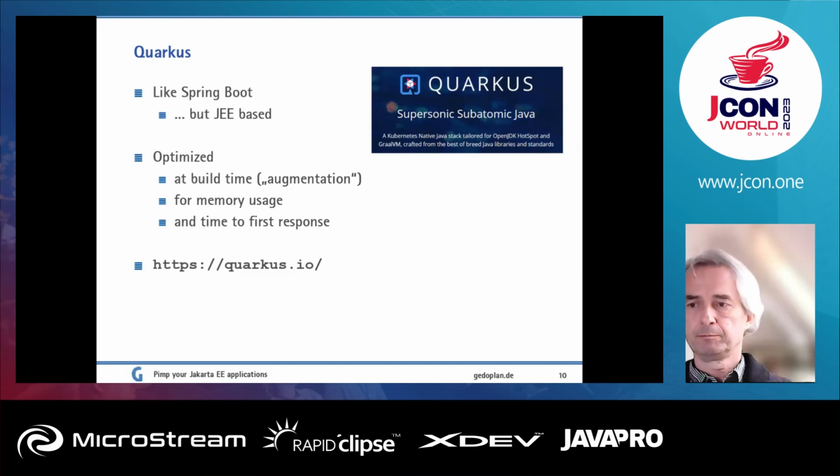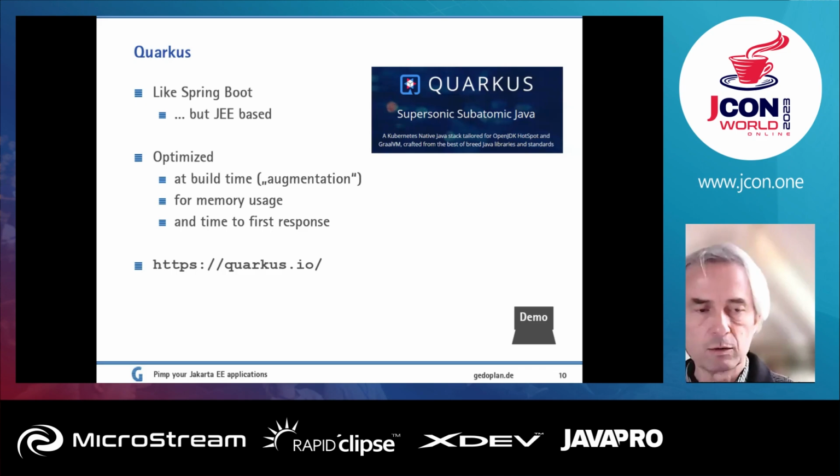There's a quite nice website, quarkus.io, where you can also see the huge ecosystem that Quarkus already has. If time is enough, we can have a look later on. So what would you have to do to make your application run in or with Quarkus instead of WildFly?